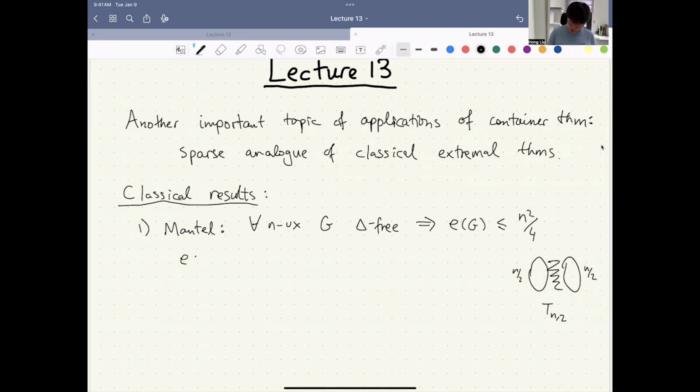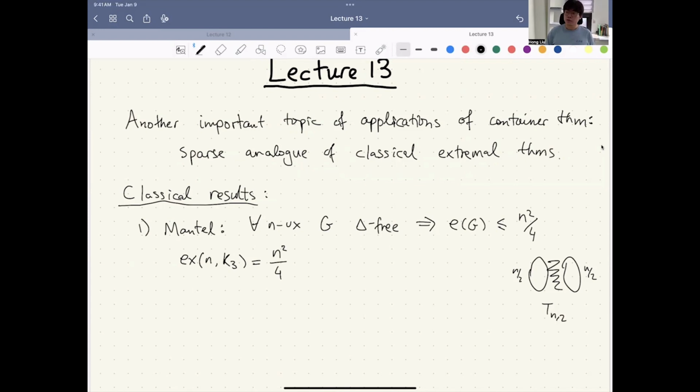So in terms of the extremal number notation, this means ex(n, K3) equals n squared over 4. This is the Turán type.